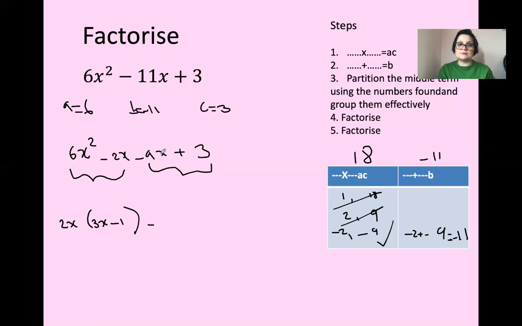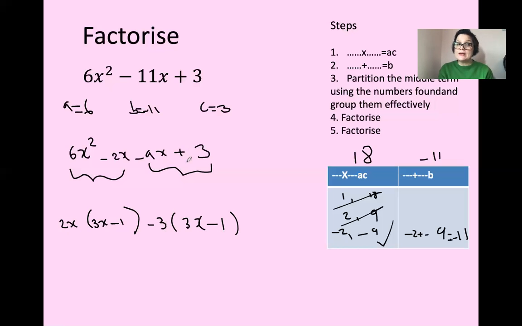Minus the highest common factor of minus 9x and 3, which is going to be 3. Inside the bracket, we're going to have 3x. Now, stop a little bit and look at the other bracket. It's minus 1. So definitely it's going to be minus 1. And if you expand, then you're going to have minus 3 times 3x, minus 9x, minus 3 times minus 1, plus 3.